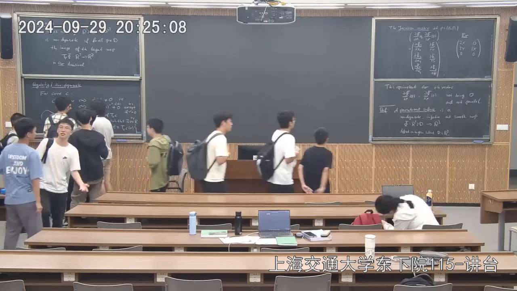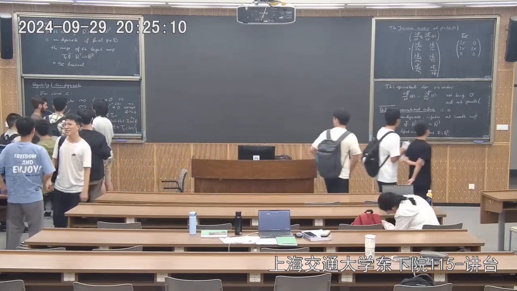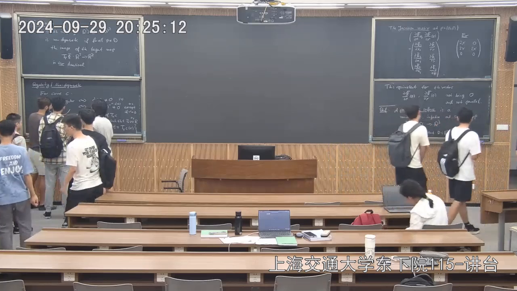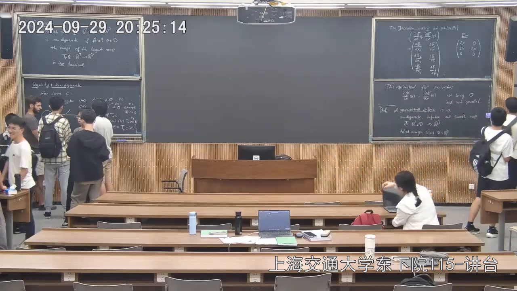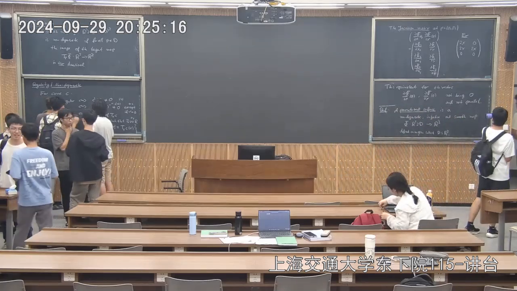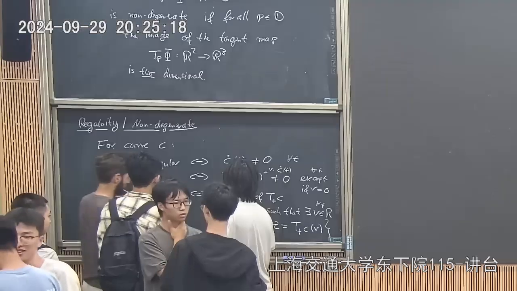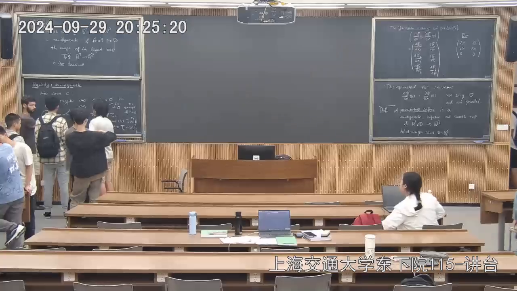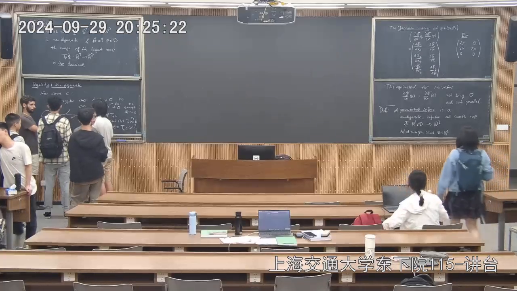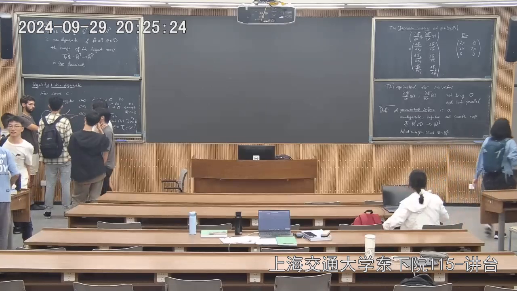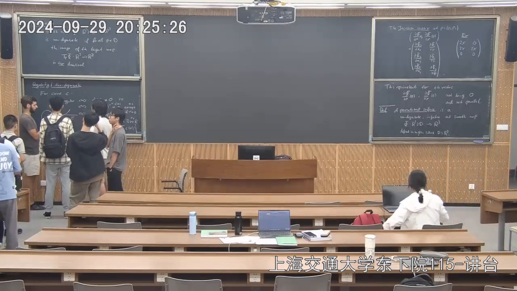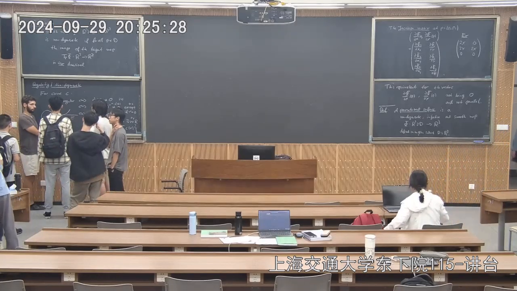This space here is just the image of the change. Like you take the derivative, changing the derivative, and you take the linear span. Just like the direction of the tangent.